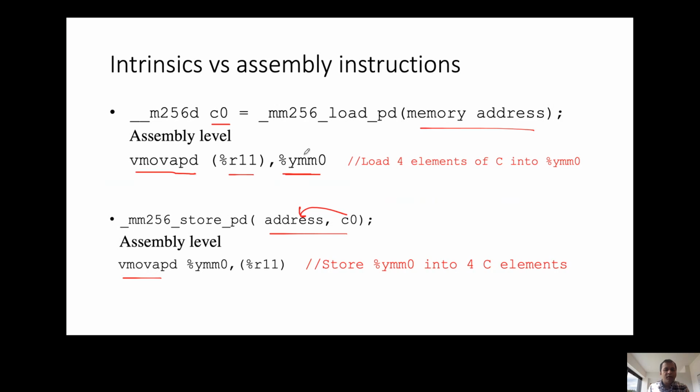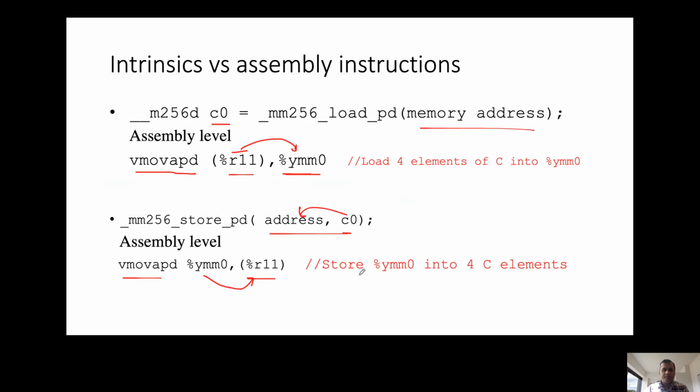So this is load: the address is shown by R11 and data gets loaded into this register. And for the store, the address is represented here, and then the data in the SIMD register gets written to the memory pointed to by R11. Right? So store YMM0 data into 4 C elements.